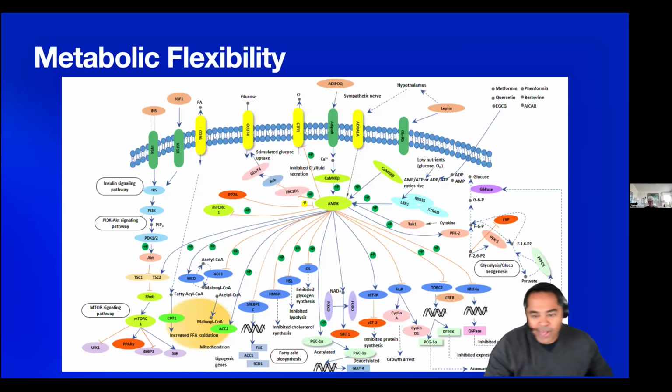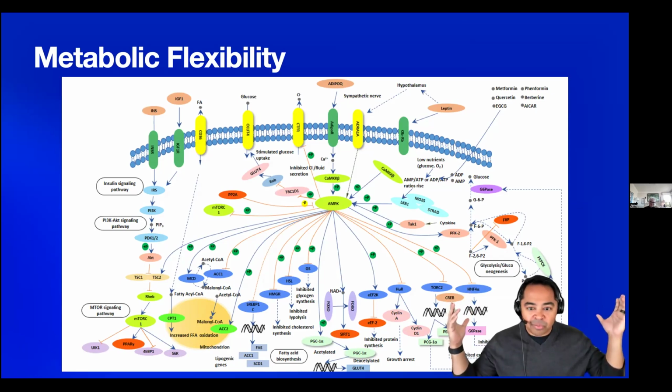When we talk about AMPK, these are all the cellular processes that it's involved with. This is not to overwhelm you, there's no test after this, but when we look at all the pathways that AMPK is involved in, it's involved in insulin sensing. It's involved in insulin-like growth factor, which is implicated in metabolic disease but also in cancers, fatty acid metabolism, glucose metabolism, oxygen use, and the sympathetic nerve, your parasympathetic, sympathetic fight or flight system that goes up to the brain.